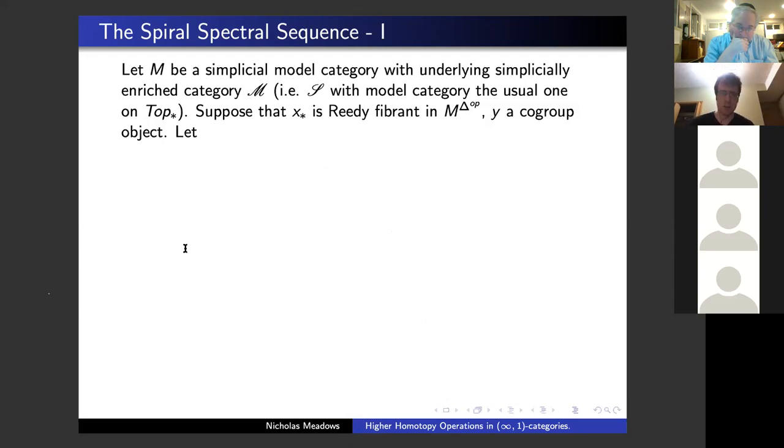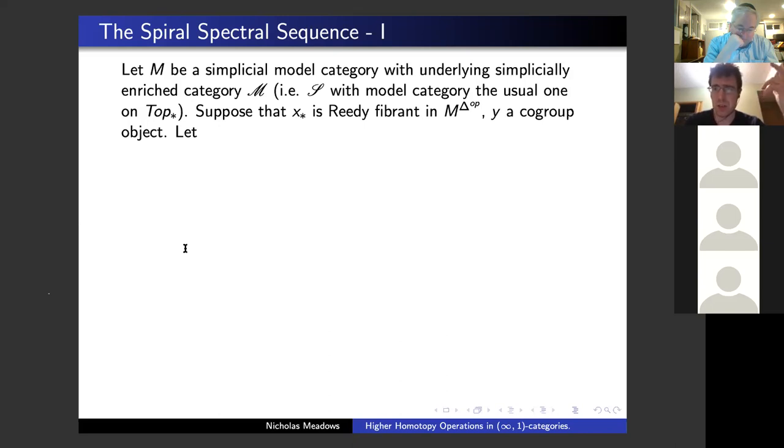The idea is that if I have a simplicial model category with underlying simplicially enriched category M, in this case we can just imagine this as being our simplicial enrichment of spaces, along with the usual model structure on spaces, where weak equivalences are basically maps that induce isomorphisms of higher homotopy groups. And suppose that we have some Reedy fibrant simplicial object in this.